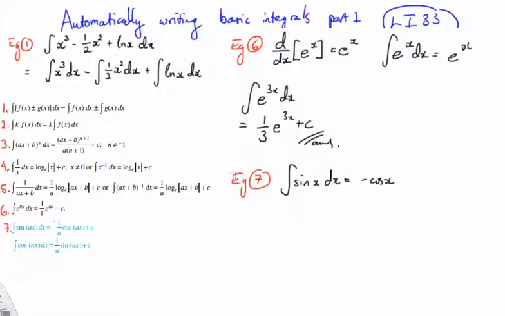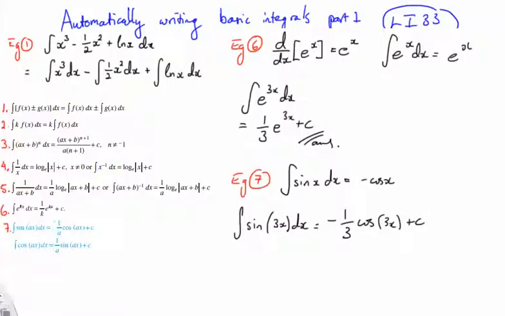Let's look at an example of that. So using this formula, so you might have the integral of sine of 3x dx equals, well, a is 3 in this case, so we have negative 1/3 cos 3x plus our constant there. There you are. Sine integrates to negative cos. And we've got negative 1/3 cos 3x plus c.